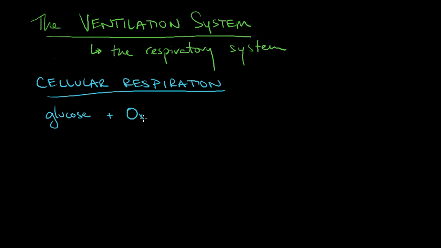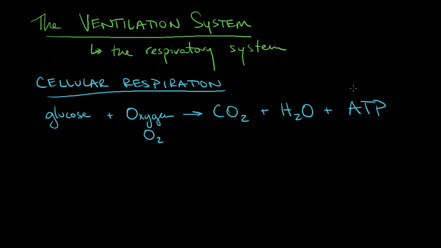Glucose is one of those nutrients that enters your body in that way. We've also got oxygen, and I'll write it as O2. It's oxygen gas in this form. It's not just any form of oxygen. Giving off carbon dioxide plus water plus ATP, which is usable energy for our body as well as all the other living forms of life.